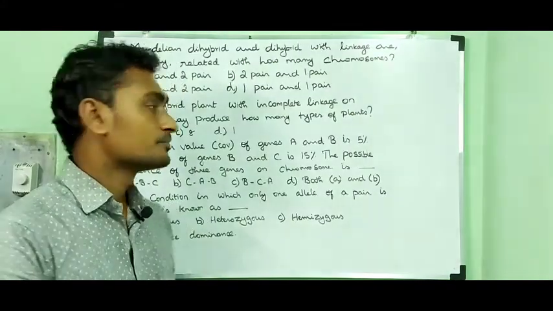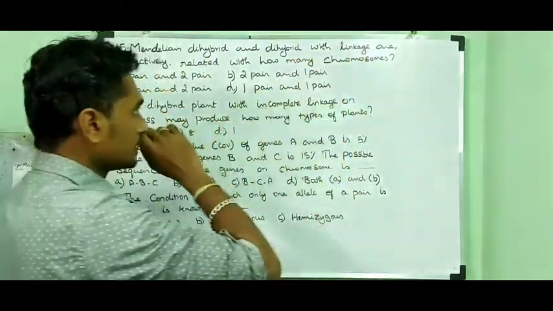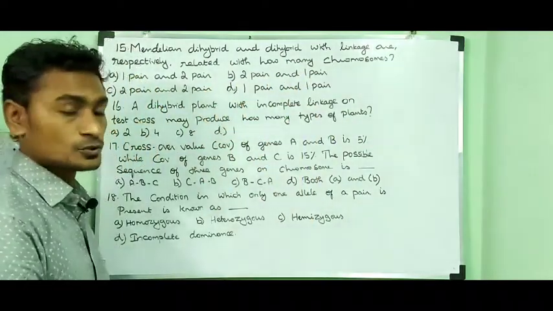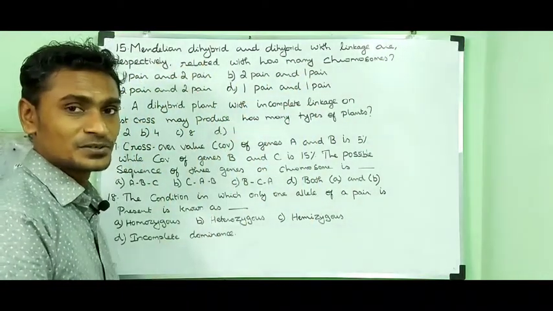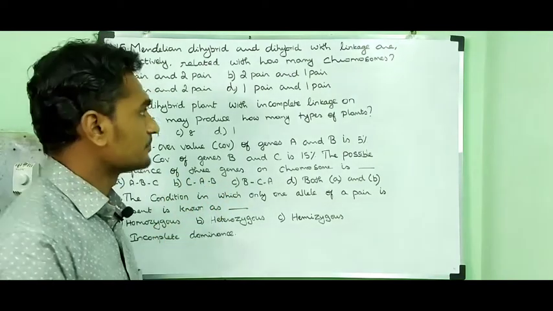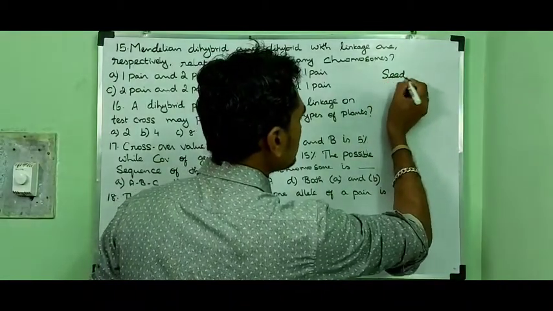15th question. Mendelian dihybrid and dihybrid with linkage are respectively related with how many chromosomes? In Mendelian dihybrid cross, we consider two different characters. For example, seed shape.